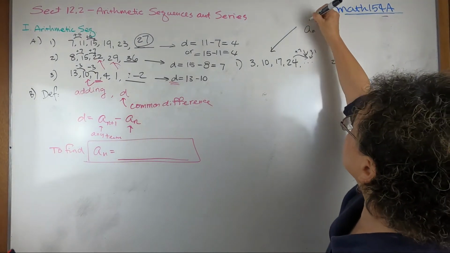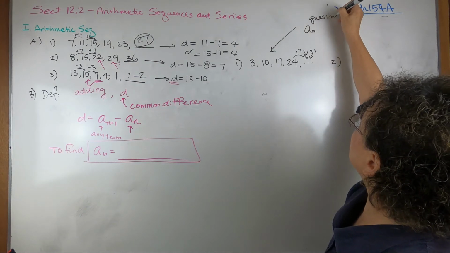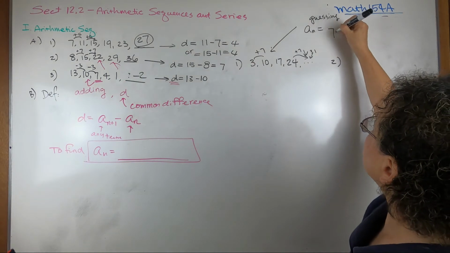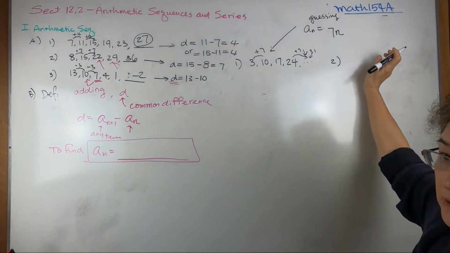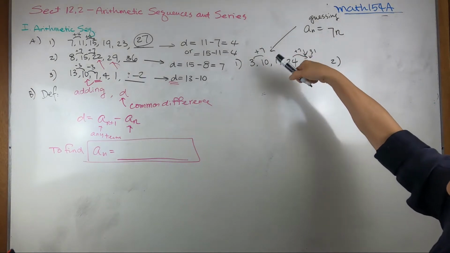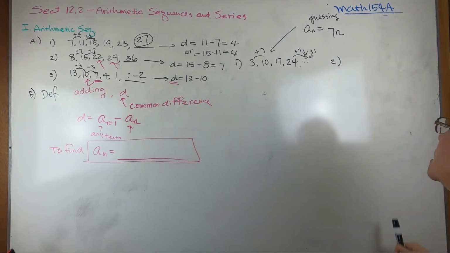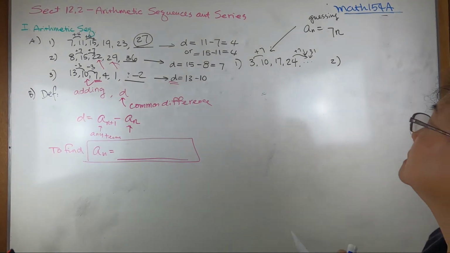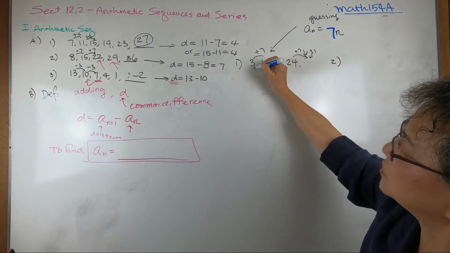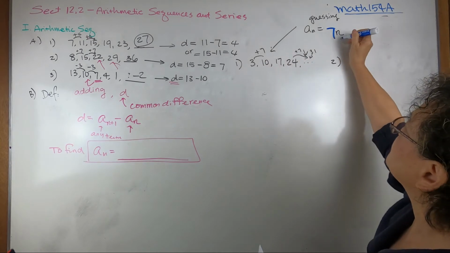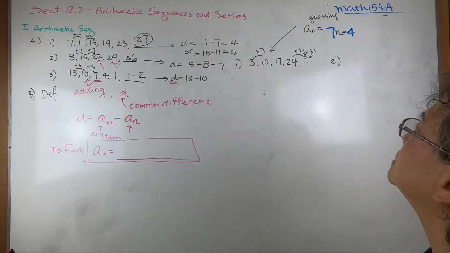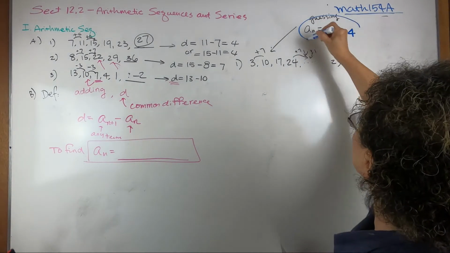We were guessing, right? We say if it's by adding 7, every term will be a multiple of 7, right? It will be 7, 14, 21, so you will add 7 each time. So we will multiply by 7, but we have to fit in the first one is 3, but the first one here is 7, so we minus 4.